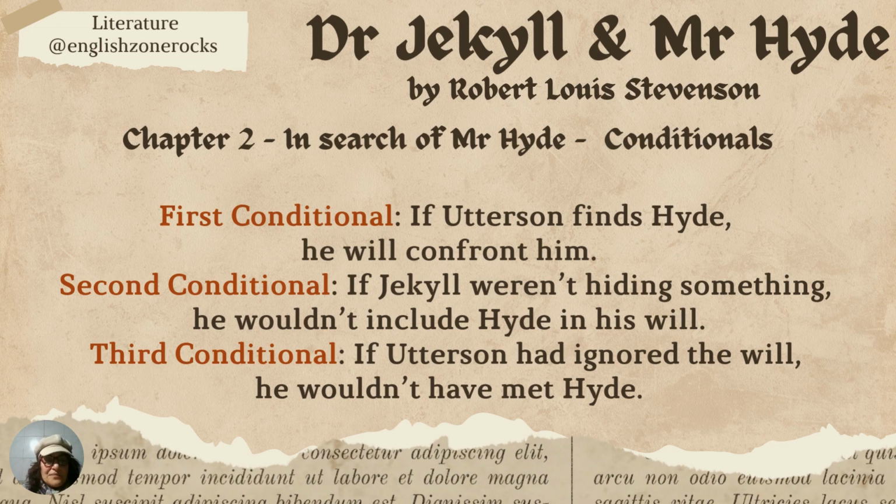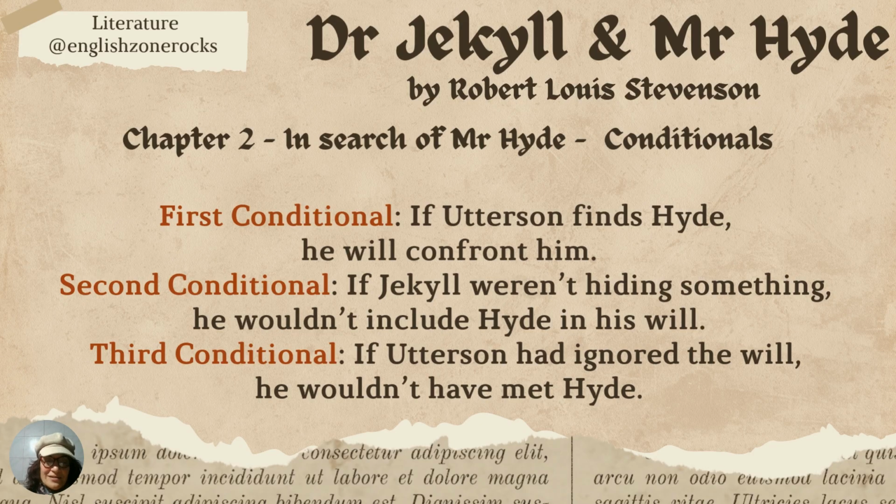Second conditional, imaginary situation. If Jekyll weren't hiding something, he wouldn't include Hyde in his will. Pay attention to this. Remember that you can say it is potential. We can say, for example, if I were you, if I were the president, I would reduce taxes.